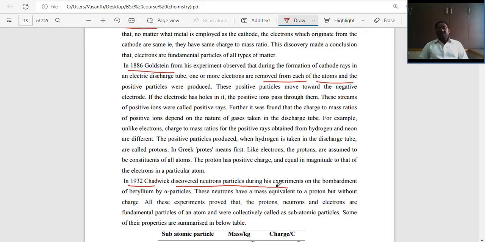When alpha particles strike beryllium, neutrons are produced. These neutrons have a mass equivalent to a proton but without charge. All these experiments showed that protons, neutrons and electrons are fundamental particles of an atom and were collectively called subatomic particles.